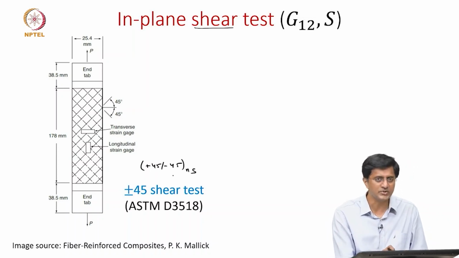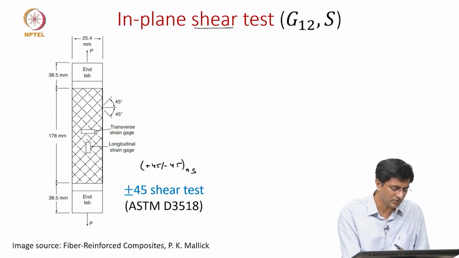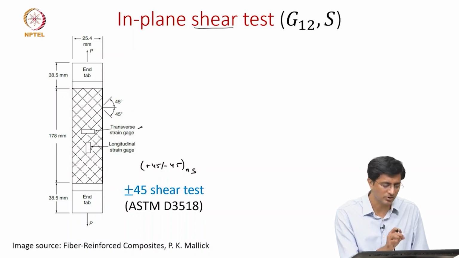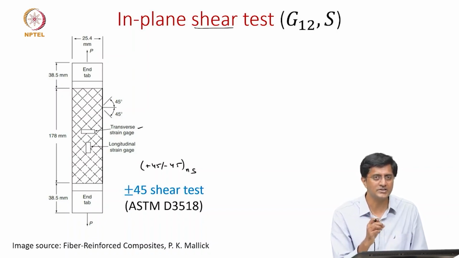So for this specific laminate, if you have two strain gauges, one finding the strain along the length of the specimen and a transverse strain gauge which measures strain in the perpendicular direction, we can use these two strain gauge values as well as the applied loads to find the shear stress applied and the shear strain.